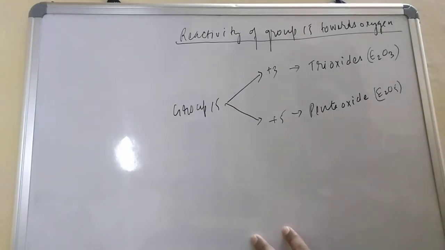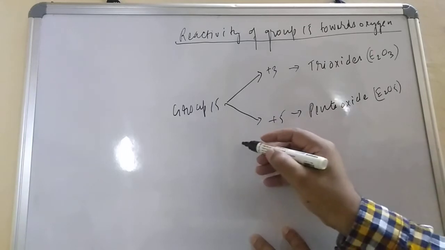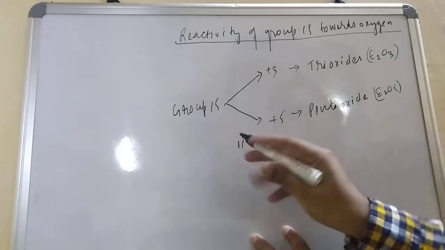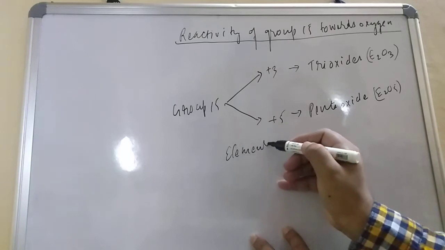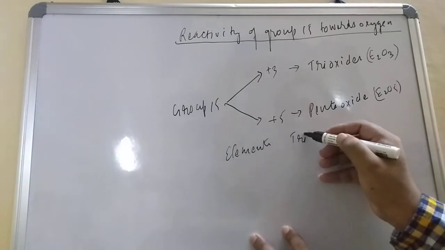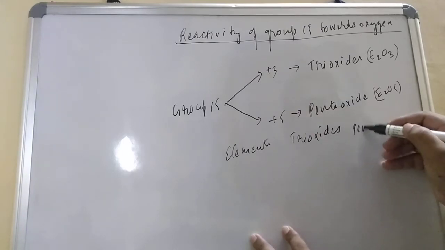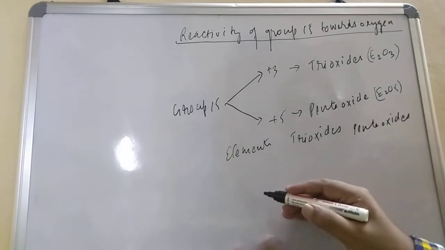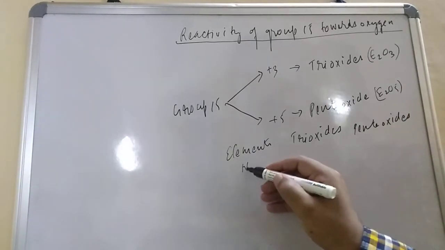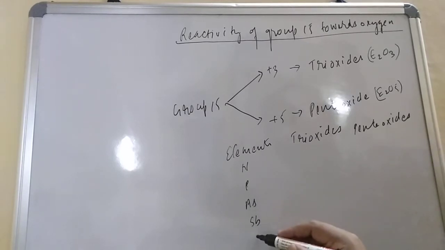Now, taking the elements, the trioxide and the pentoxide, what are their formulas? The five elements in group 15 are nitrogen, phosphorus, arsenic, antimony and bismuth.